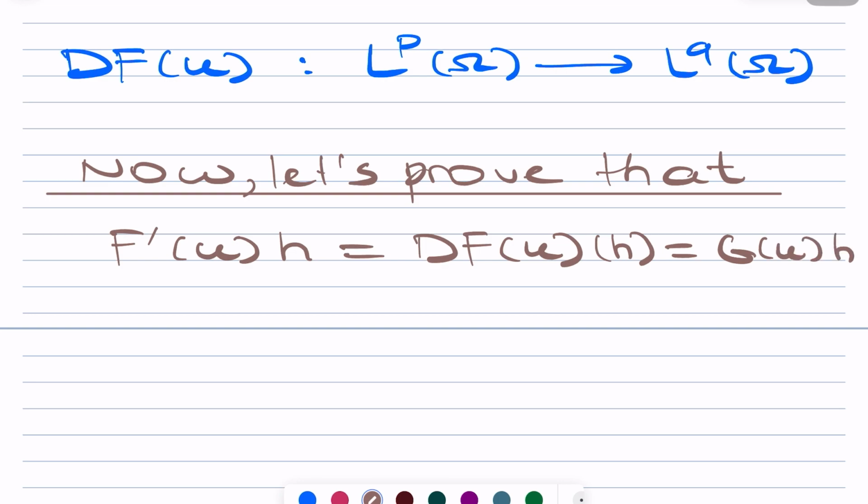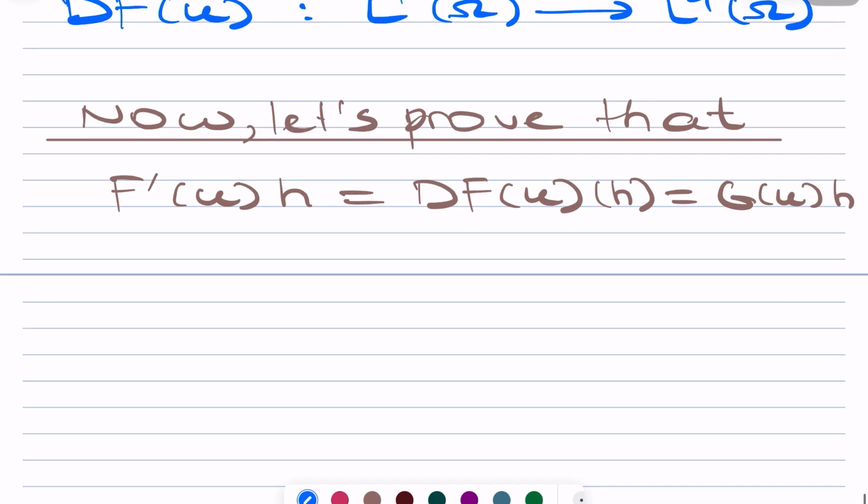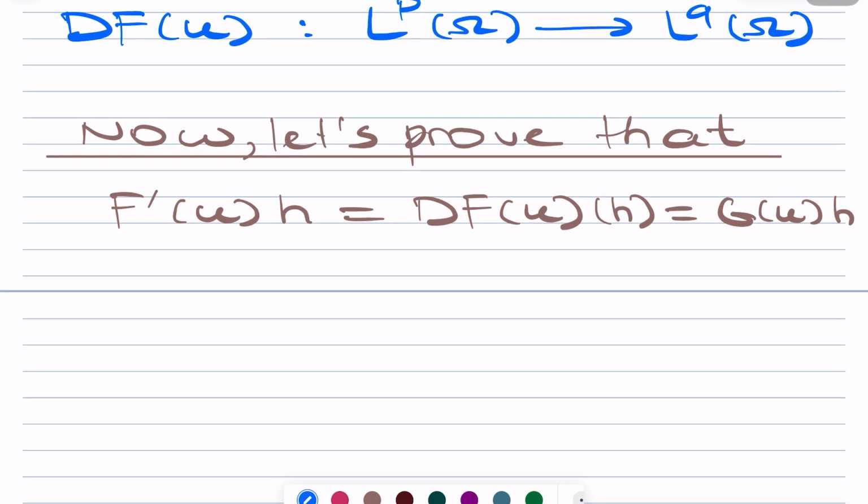So now let's prove that this holds. Because of this, we'll be able to conclude that our superposition operator f is continuously differentiable, and that its Fréchet derivative is exactly what we defined it to be in the theorem.